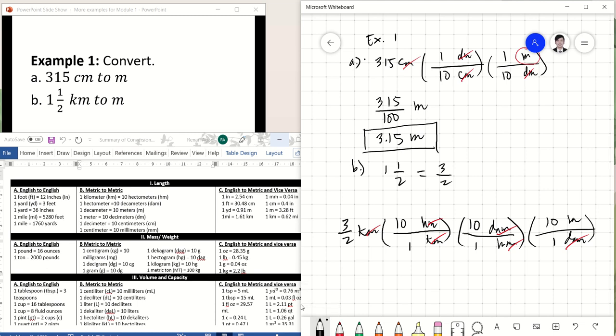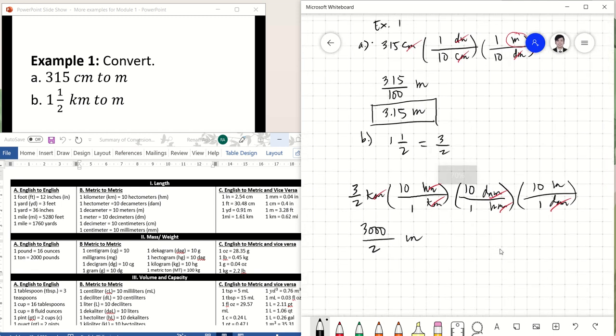That would just be numerator times numerator times numerator times numerator. 3 times 10 times 10 times 10 is 3,000. Then 2 times 1 times 1 times 1 is just 2. 3,000 divided by 2 is 1,500 meters. So this is our answer.